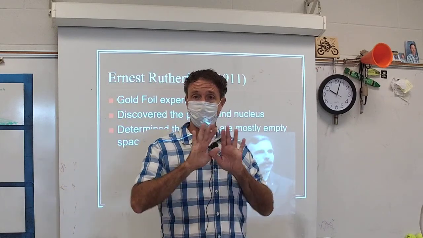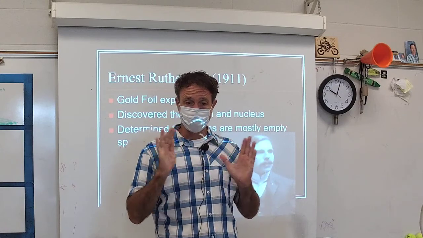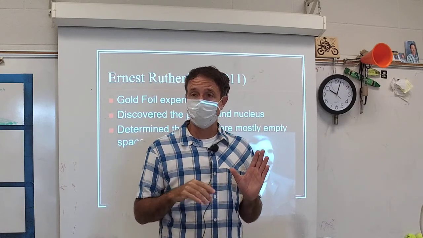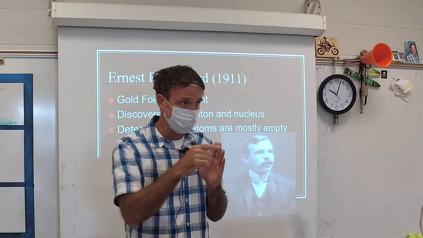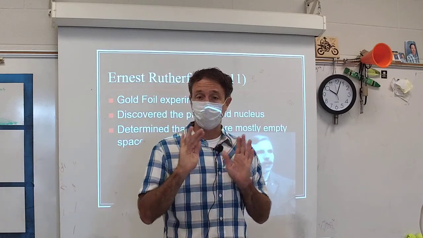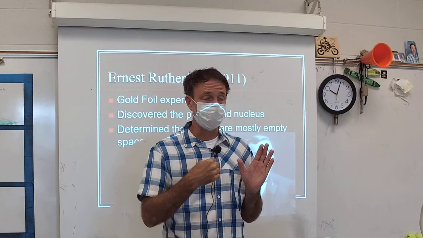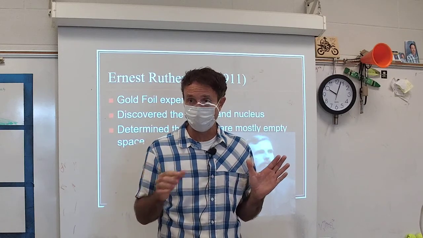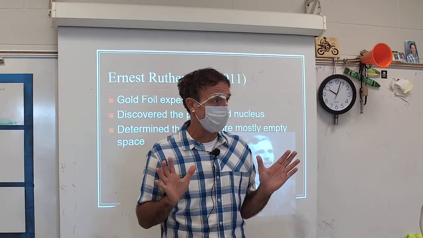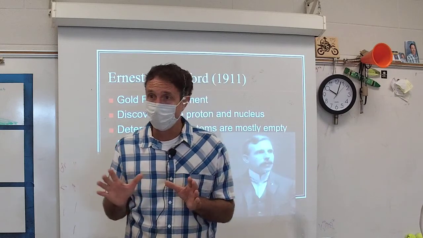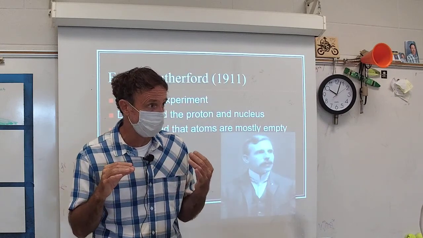And then he put some film around the foil. And he was going to show that these particles went straight through the foil, and that they hit the film. Where the charged particles would hit the film would be developed there, and it would leave like a little white spot on the film. Does that make sense? Do you know what I mean? Like old school film that you would use in a darkroom?